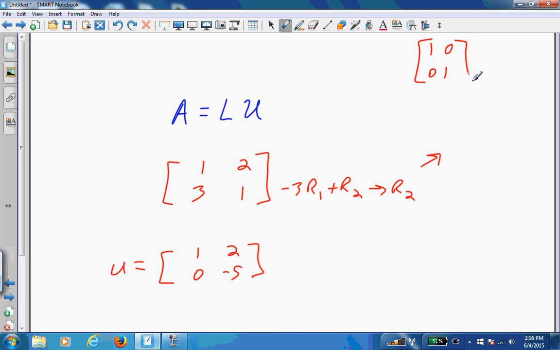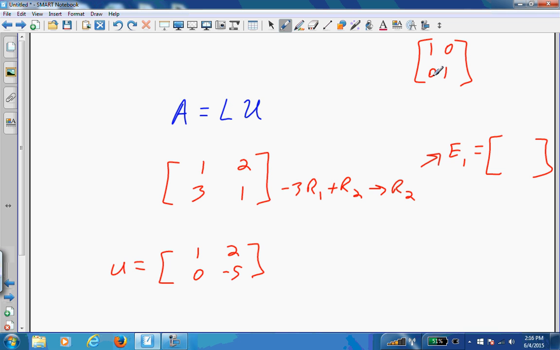So that's a 2 by 2 identity. So this row operation E1, we did minus 3 R1 plus R2.